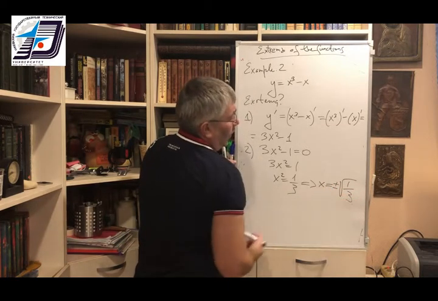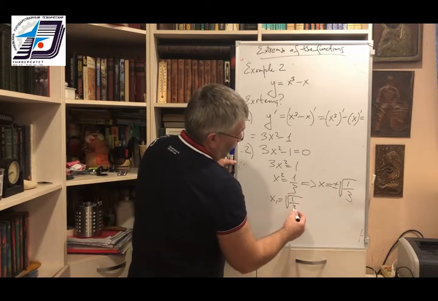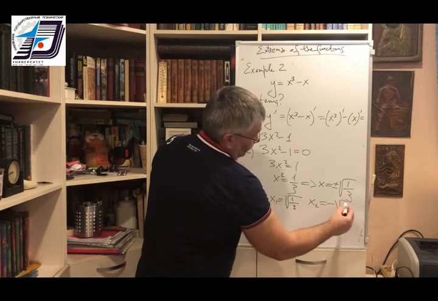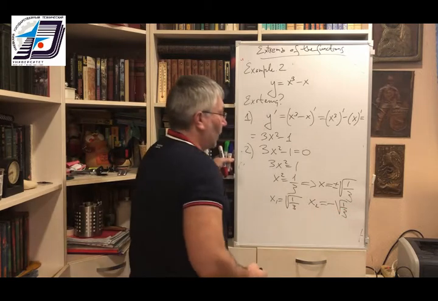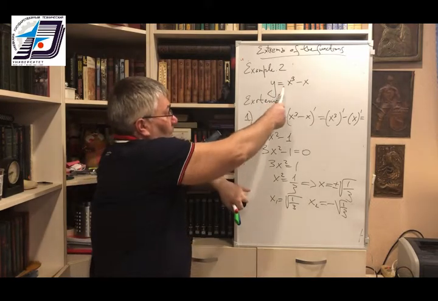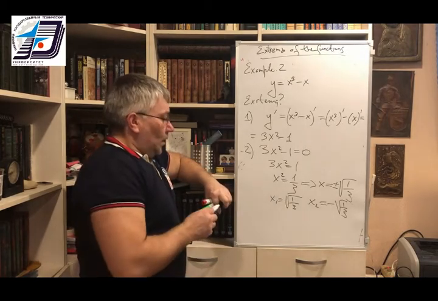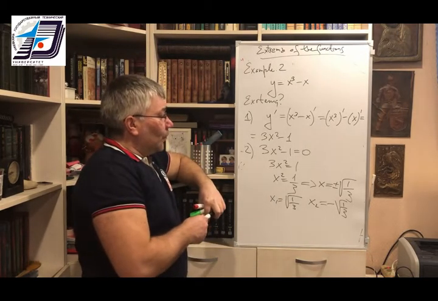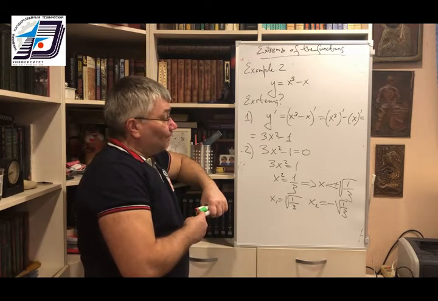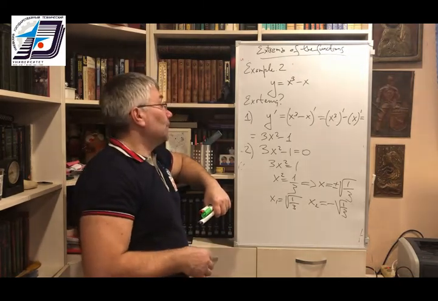We have two answers here, x1 equal plus square root of 1 over 3, x2 minus. So we know now that this function has two extrema, and we still don't know about their behavior. If they're what? Maximum, minimum, or inflection points.